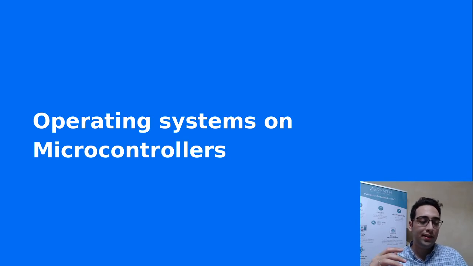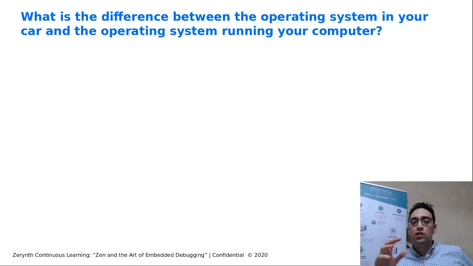problem, let's have a look at the operating systems themselves. Let me ask a very brief, wide question. What's the difference between the operating system on the laptop or the PC and the operating system on the car?